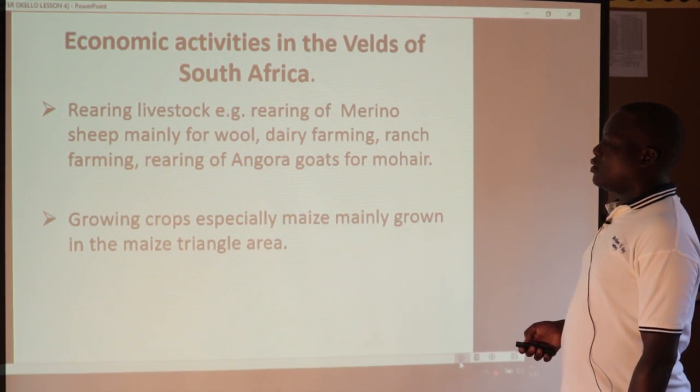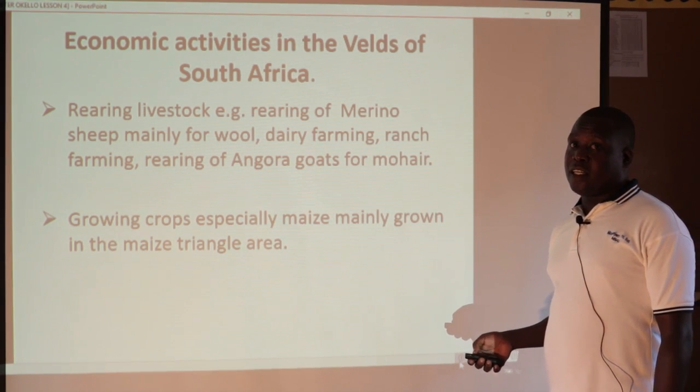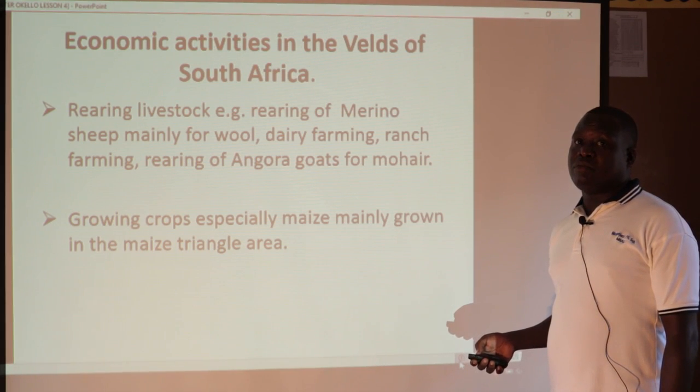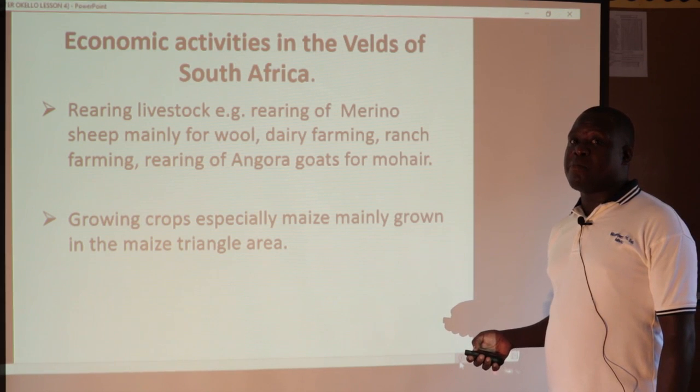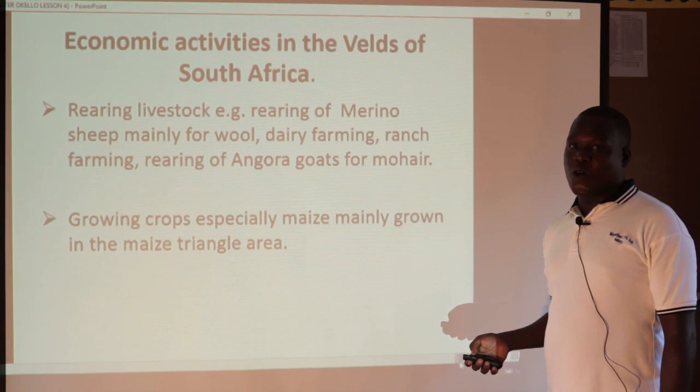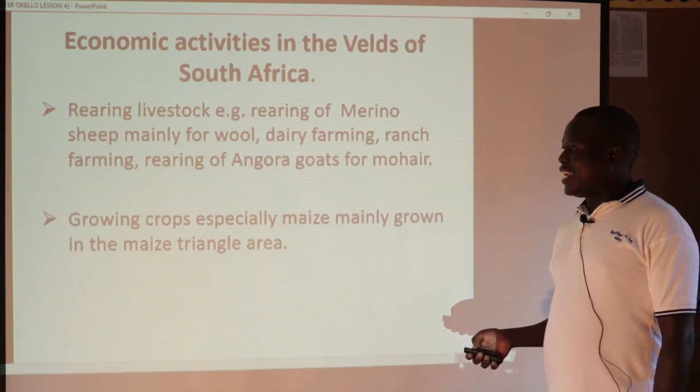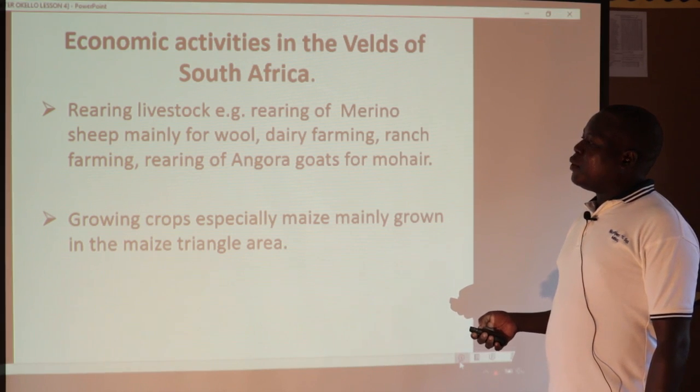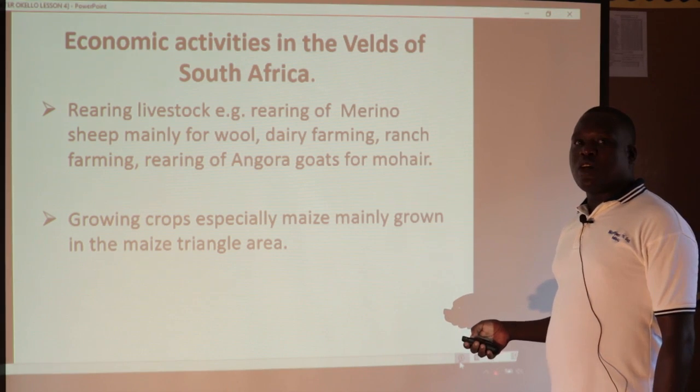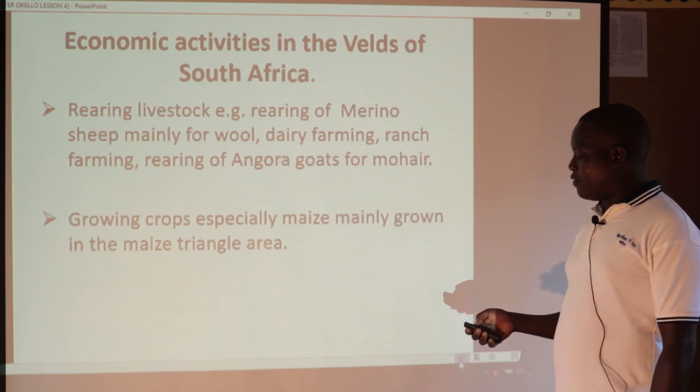Maize triangle. So this one, do not tell a math teacher, if they tell you to name any type of triangle, then you say maize triangle, it is wrong. This area is mainly where maize is grown, but it is not a figure. That one you have to know.